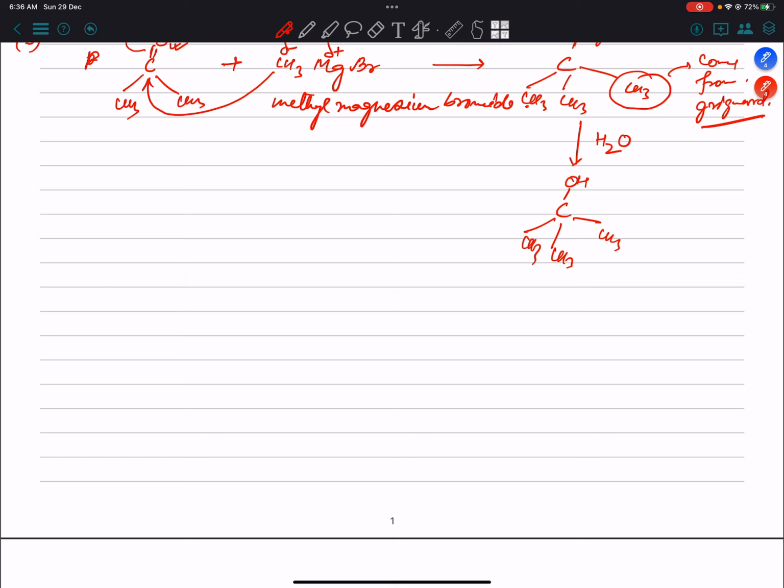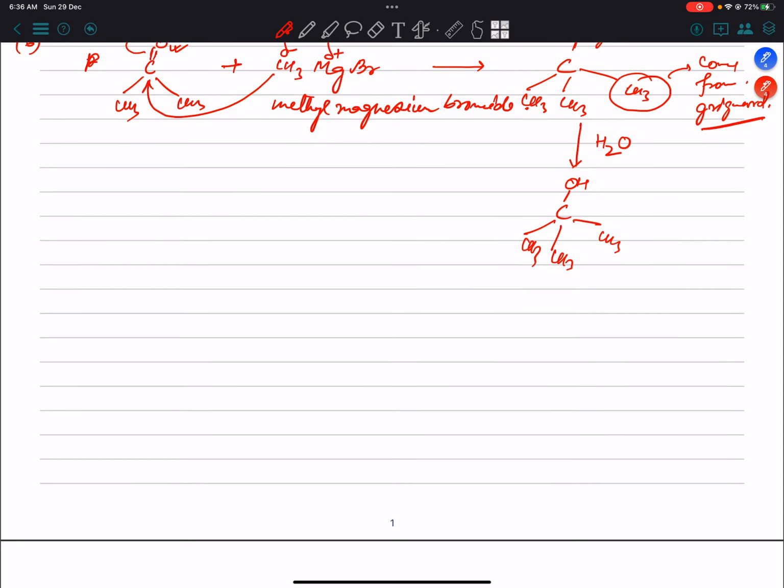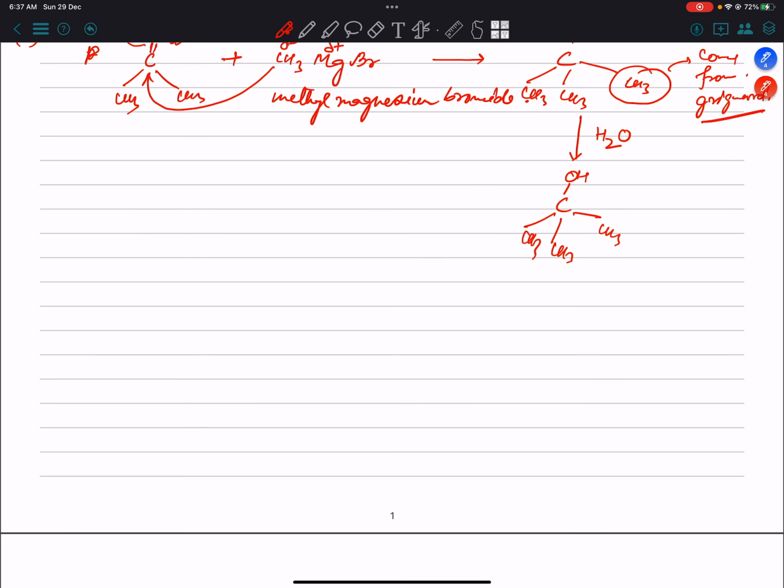So let's start the reactions of Grignard reagent with different aldehydes and ketones. First of all, we will do the reaction of methanal with Grignard reagent. The mechanism is the same here also, del plus, del minus, this will shift and this will attract here. So the addition product is OMgBr, then H, and this becomes CH3.